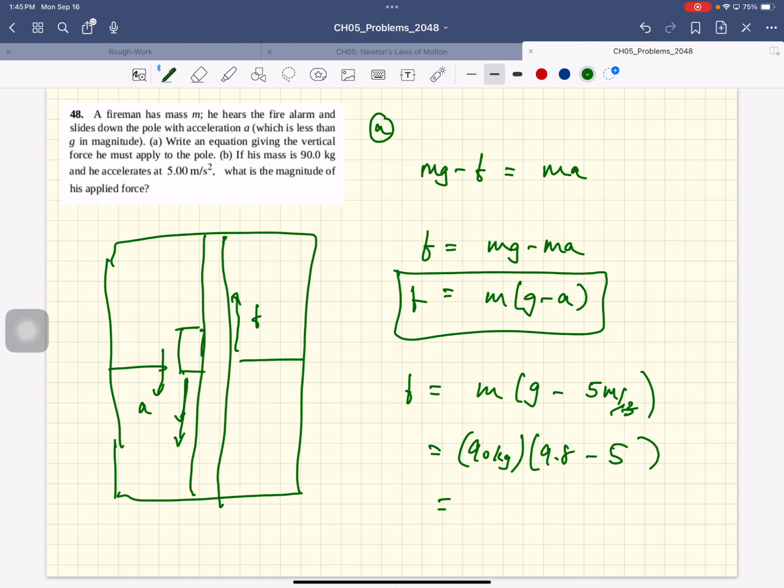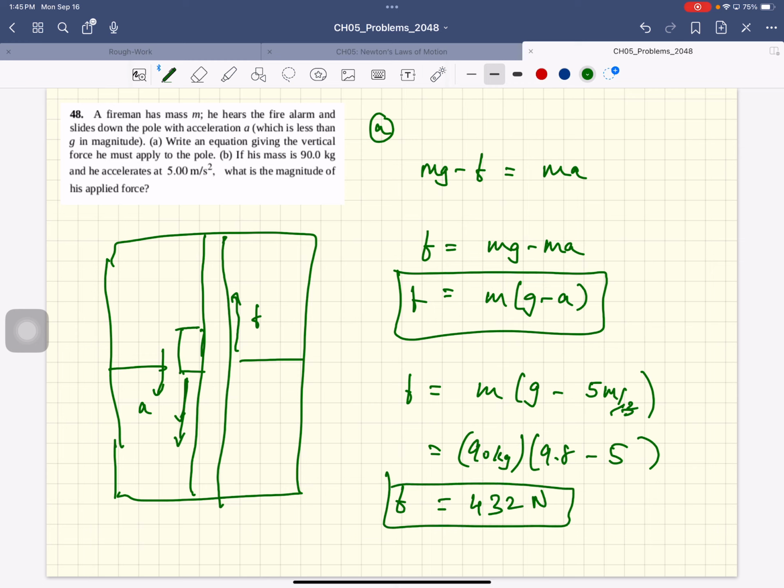So this will work out to be, okay, so the friction force is 432 newtons.